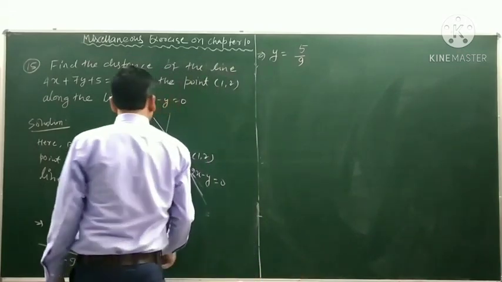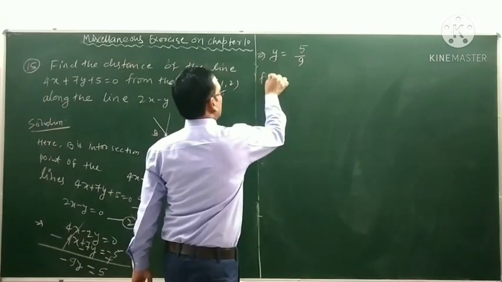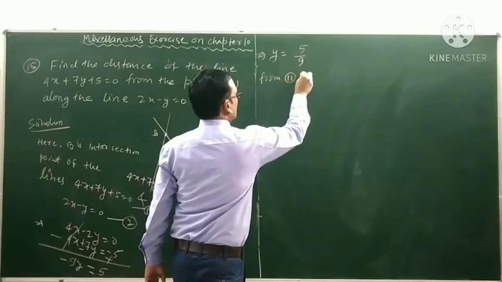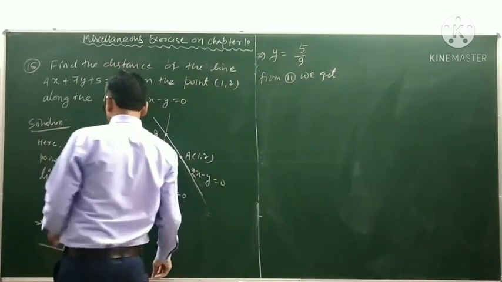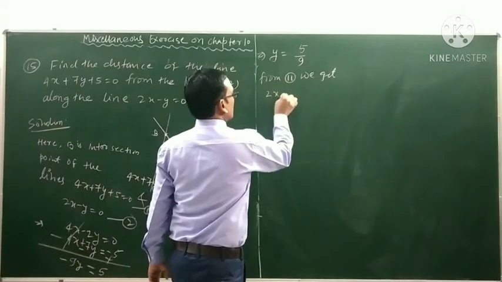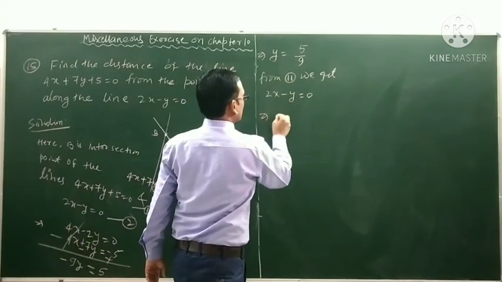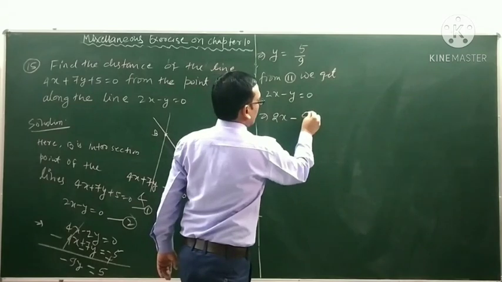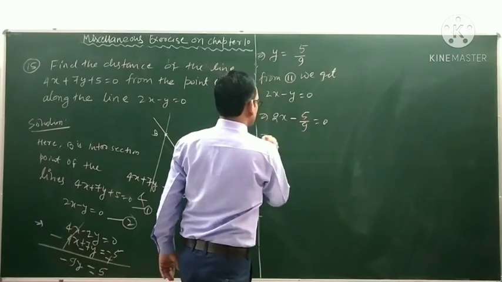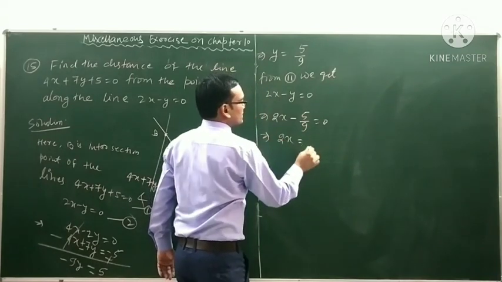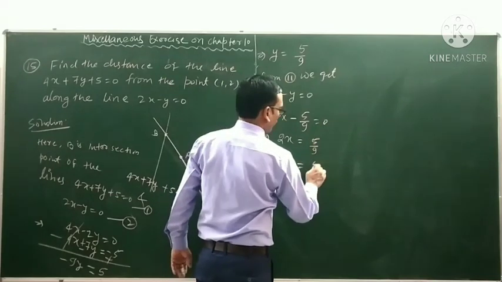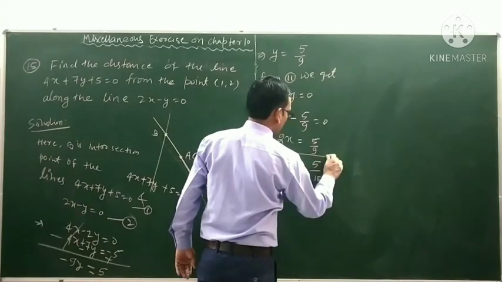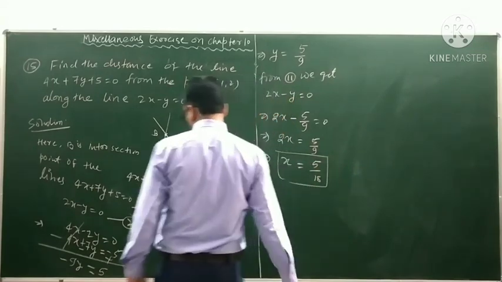Putting y equal to 5 by 9 in equation 2, 2x minus y equal to 0. This implies 2x minus 5 by 9 equal to 0. This implies 2x equal to 5 by 9. This implies x equal to 5 by 18.